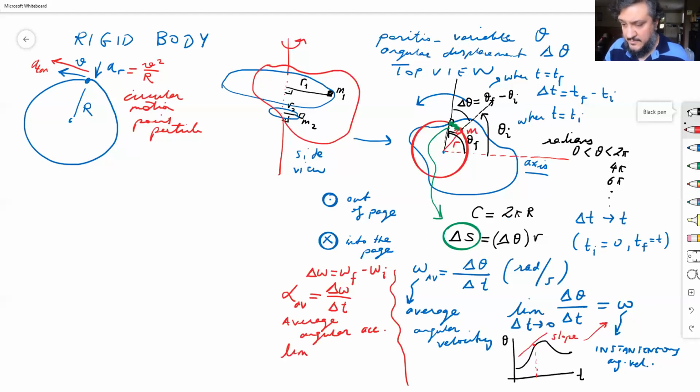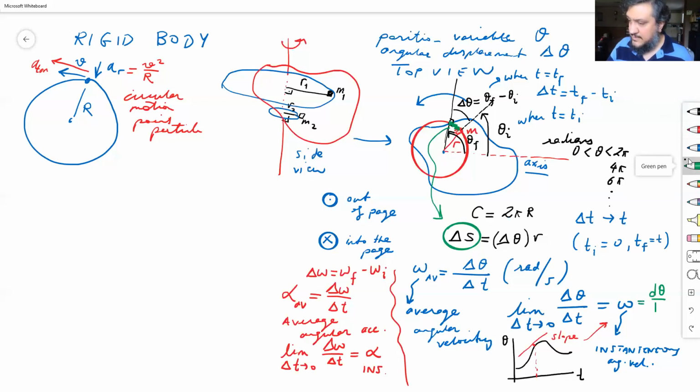So in the limit as delta t goes to 0, delta omega over delta t is simply the instantaneous angular acceleration. All right, so if you've taken calculus, you'll remember that these correspond to the time derivatives. First time derivative of theta is what omega is.